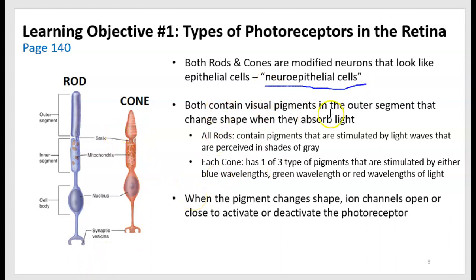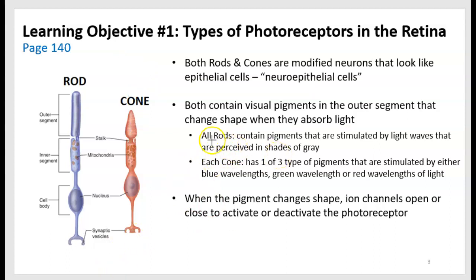Now, both of these types of photoreceptors contain visual pigments in this outer segment region. They're just proteins that are inside the cell. And these visual pigments change shape when they absorb light. So a light wave comes along and this visual pigment changes its conformation or its shape. Think of how proteins can change their shape.